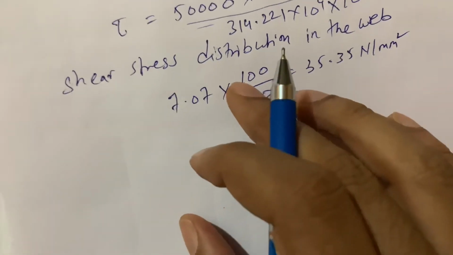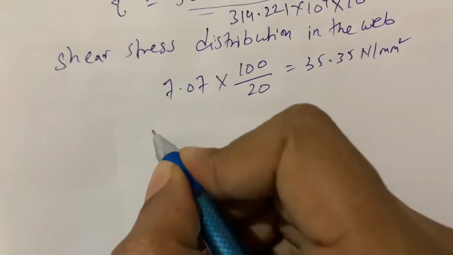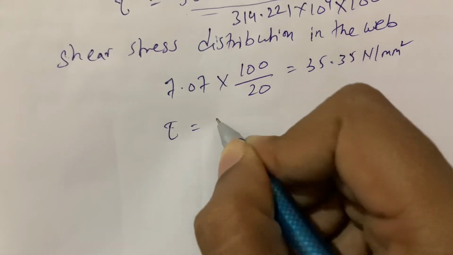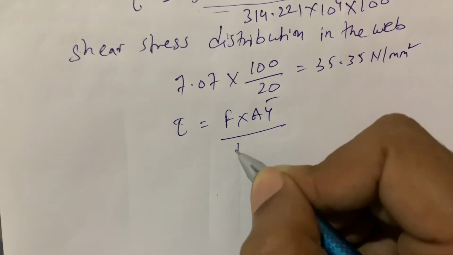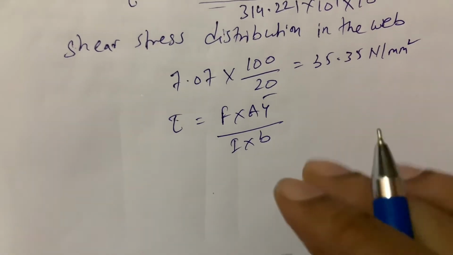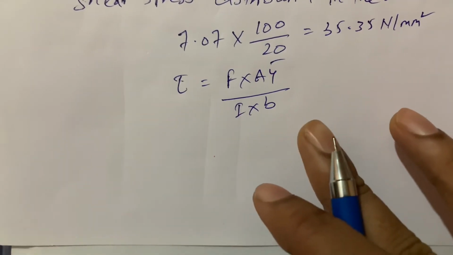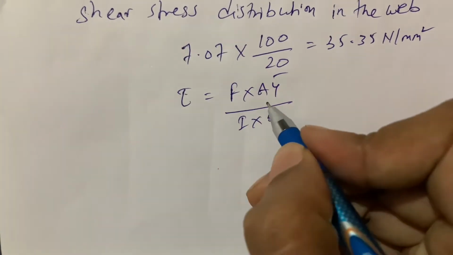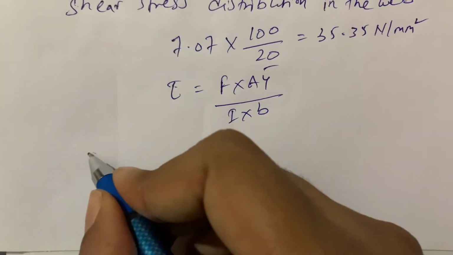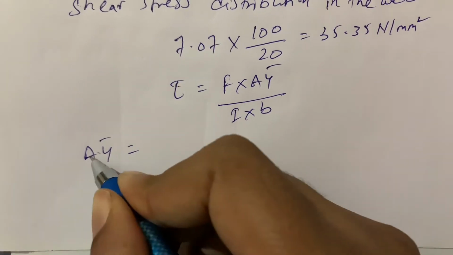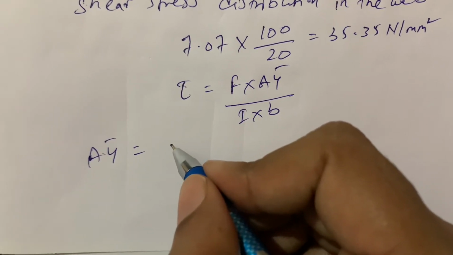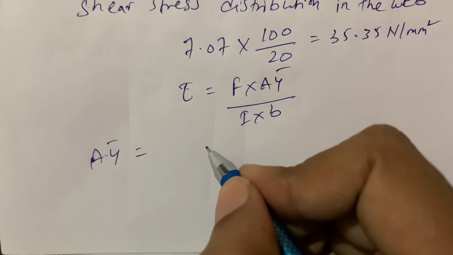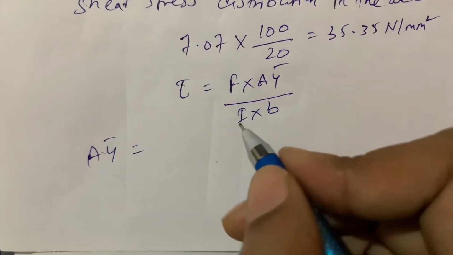Okay. So after that, again we calculate tau equal to F into A into y bar by I into B. Here the F value we know, so A into y bar. A into y bar equals the moment of area of the flange about the neutral axis plus the moment of area of the web about the neutral axis.